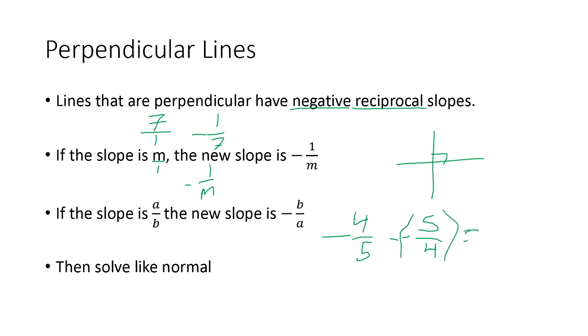Two negatives make a positive, and that's going to give us 5 over 4. I misspoke there. We're taking the negative of negative 5 over 4, but y'all get the point. So from negative 4/5, we got to positive 5/4. And that is perpendicular lines.